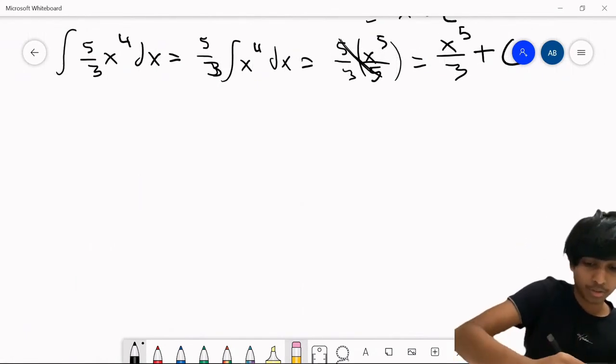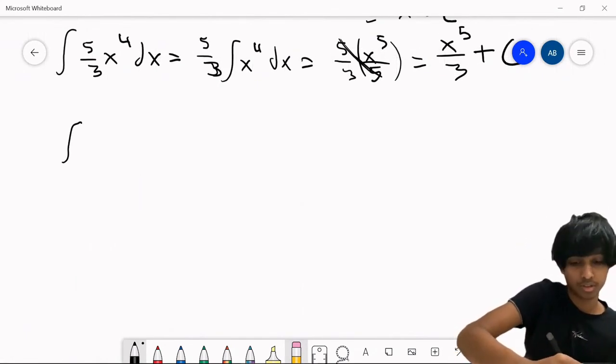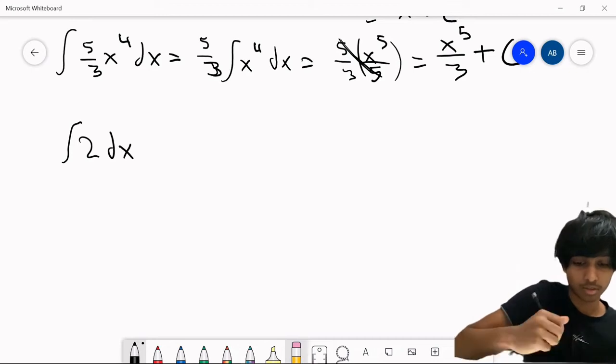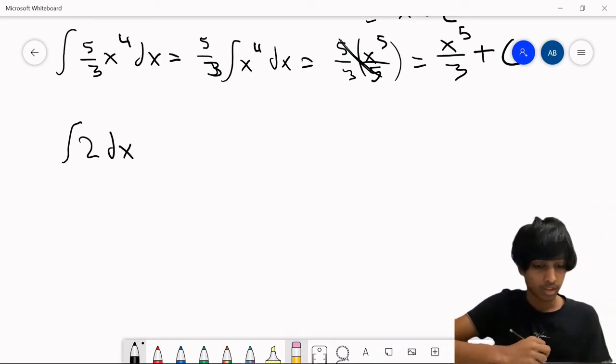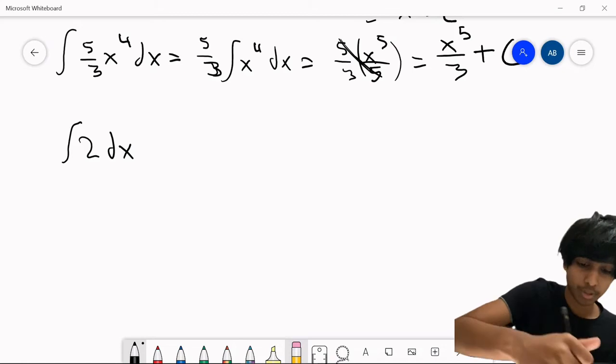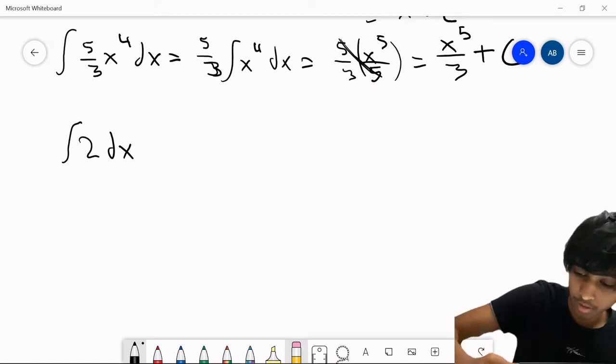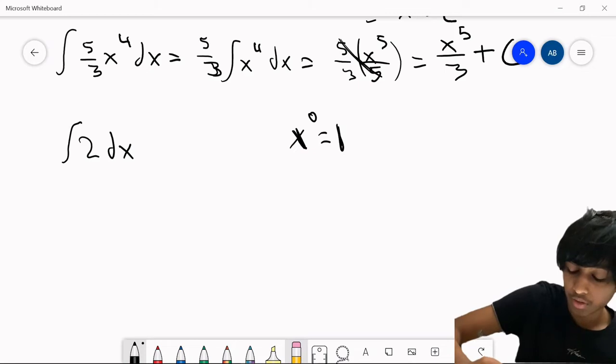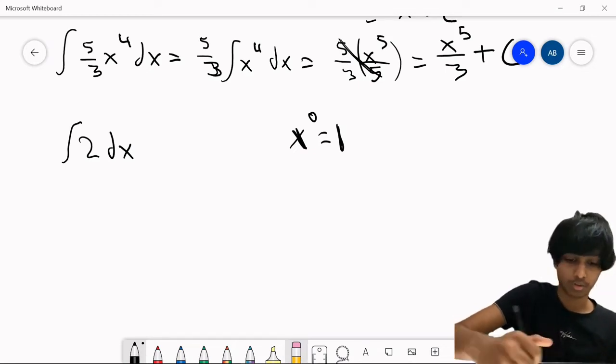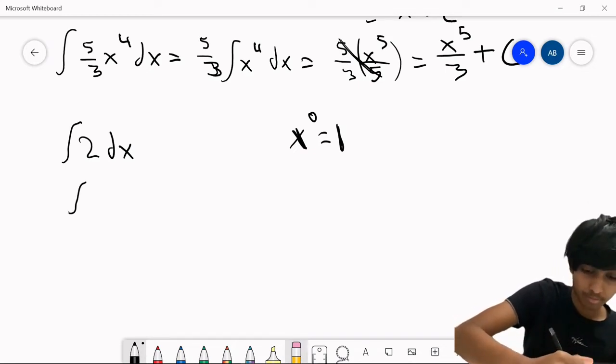Now, how would you do the integral of 2x dx? Well, you can multiply it by 1. But how are we going to do that? We can use x to the power 0 equals 1. Anything to the power 0 always equals 1. So it would be 2 times x to the 0 dx.